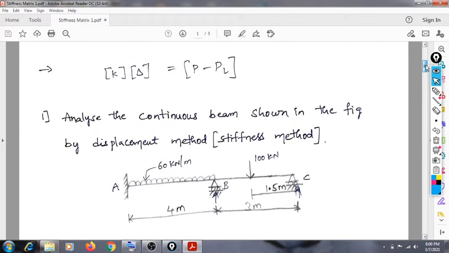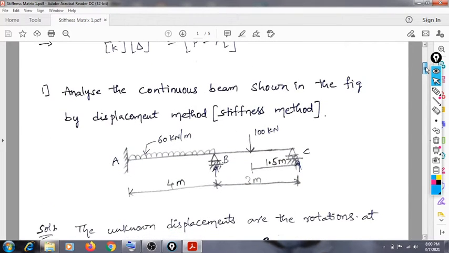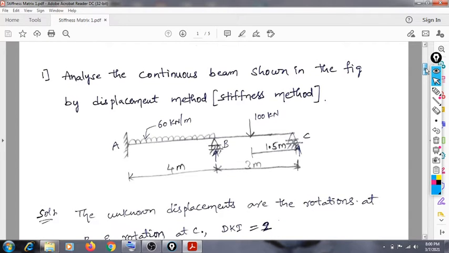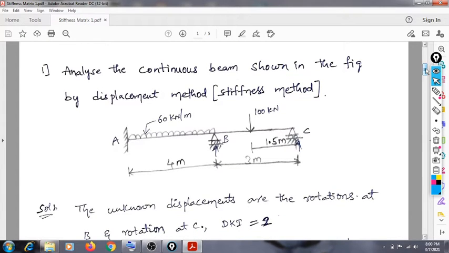So coming to this problem, we have to analyze the continuous beam as shown in the figure by the displacement method. Sometimes the stiffness is not given directly in the question, but the displacement method is given. The same problem was shown in the previous video also, but that was using the flexibility matrix.